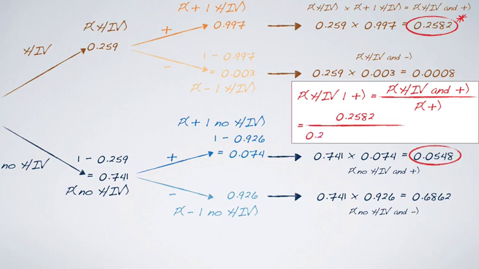So the overall probability of testing positive is the sum of these. A person can test positive because they have HIV or even though they don't have HIV. Since we're saying or, and these are disjoint probabilities, to get the overall probability of testing positive, we actually add the two probabilities. The result comes out to roughly 0.82.